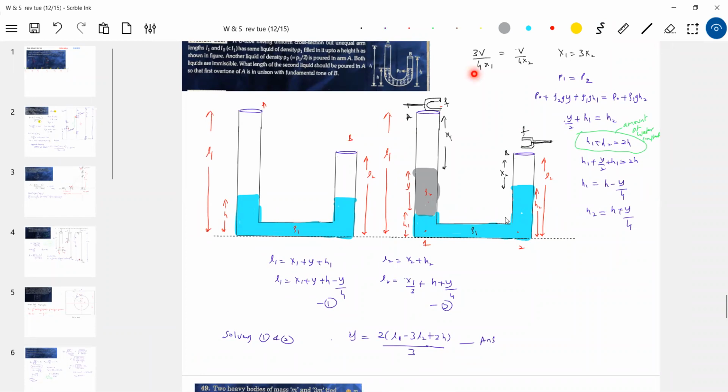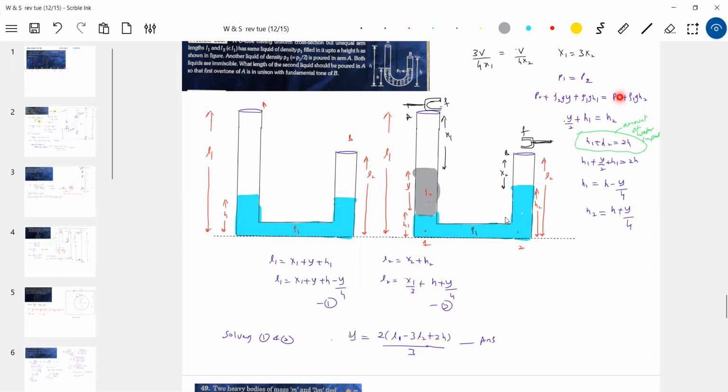Unison is telling, so because of unison, 3v by 4x1 should be equal to v by 4x2. Okay, this is no problem. So therefore x1 equals 3x2. This is okay. The pressure at 1 should be equal to pressure at 2. Pressure at 1 is P0 plus rho 2 gy plus rho 1 gh1, and at 2 it is P0 plus rho 1 gh2.